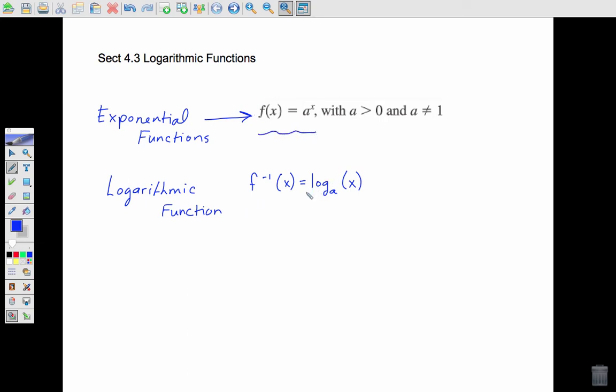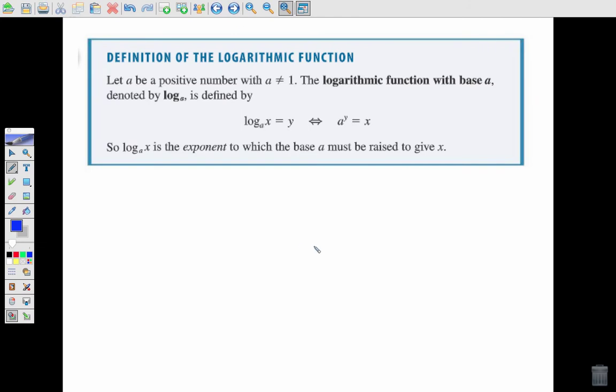And the basic logarithmic function is log base a of x. So a is called the base. And this is the basic definition of a logarithmic function. And you really want to know this definition. We're going to be using this in order to solve logarithmic functions and exponential functions.